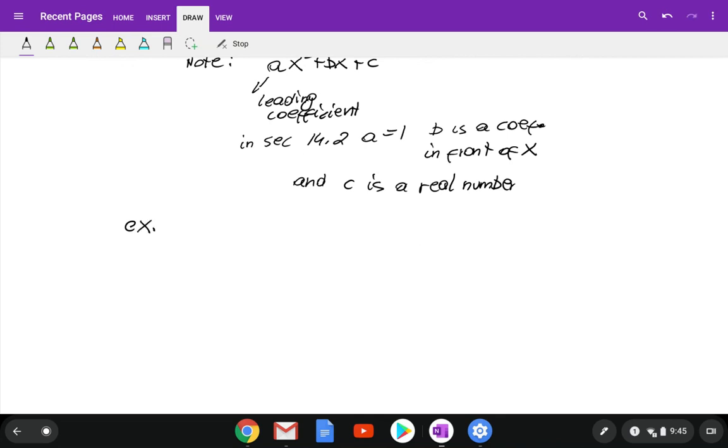Example: x squared plus 4x plus 7. So this is a quadratic expression, okay? In this case, a is equal to 1, b is equal to 4, c is equal to 7, and x is a variable.